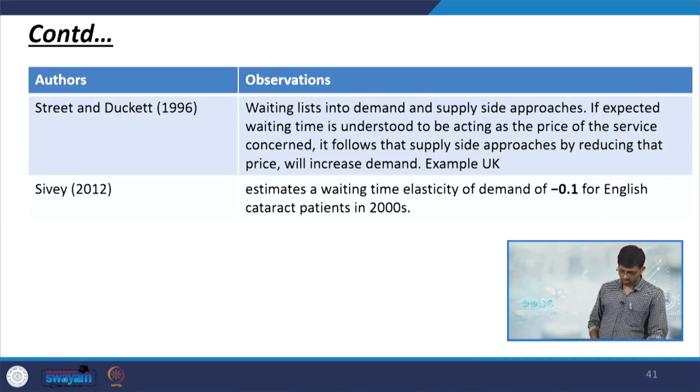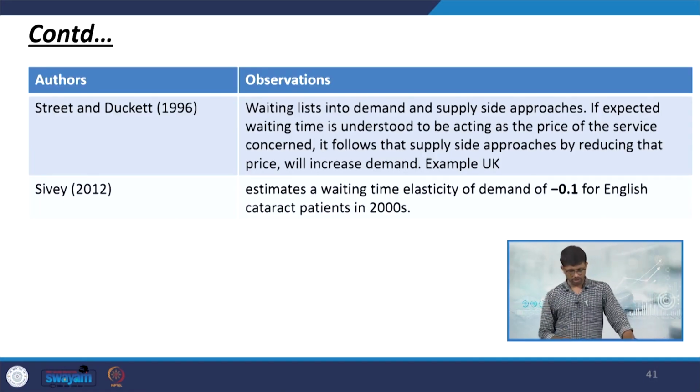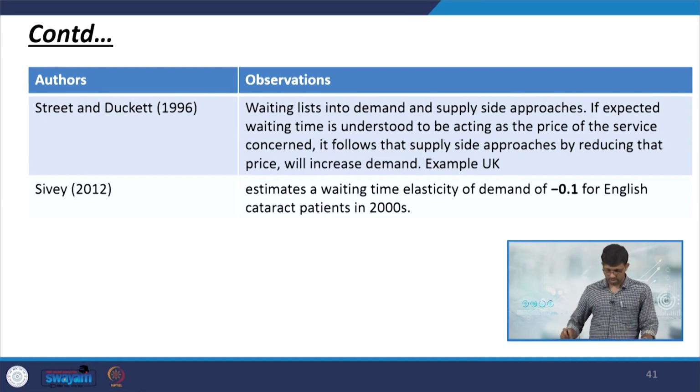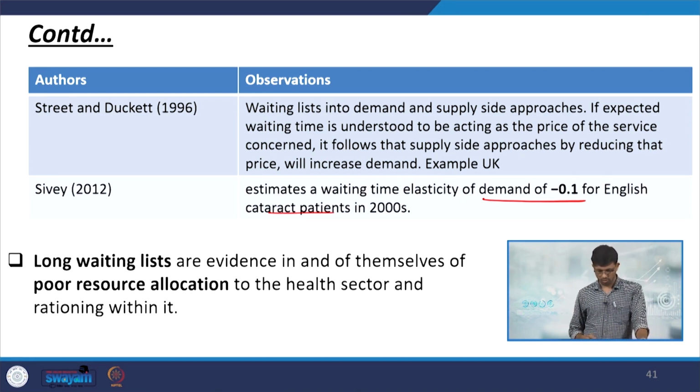There are some other observations, like in terms of elasticity of demand. Some estimates found that the waiting time elasticity of demand is minus 0.5 for English cataract patients in 2000. And another example, waiting list and the demand and supply side approaches based in the UK, you can just follow on your own.